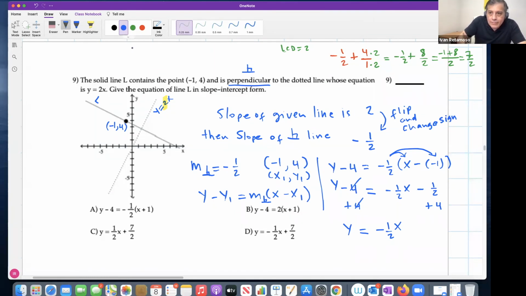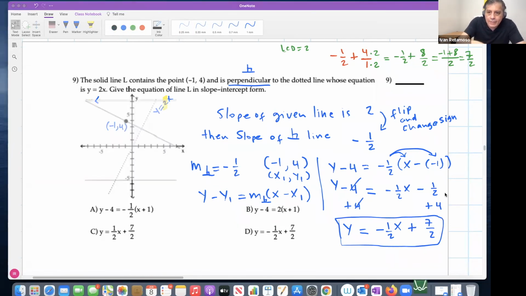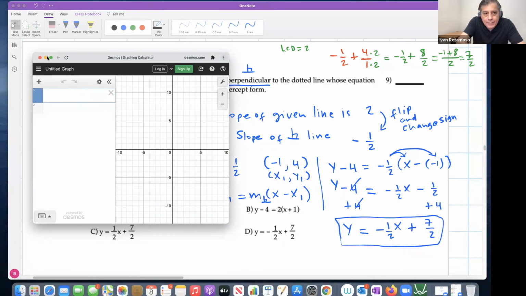Professor, a lot of things to do there with dealing with these fractions. Is there a way we can get this quicker? Answer: yes. If you want to avoid doing this, one thing you can do to get the equation of your perpendicular line is this. When you have to add this, you have the decimal scientific calculator. This is the grapher.